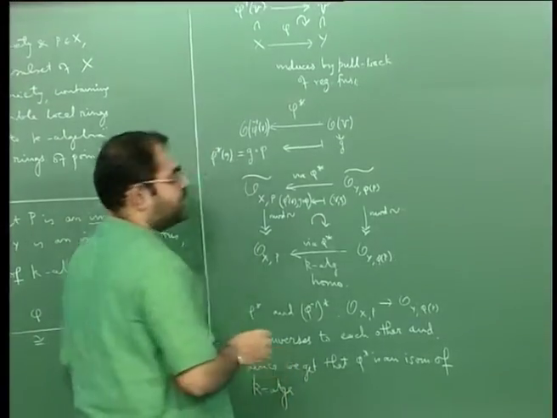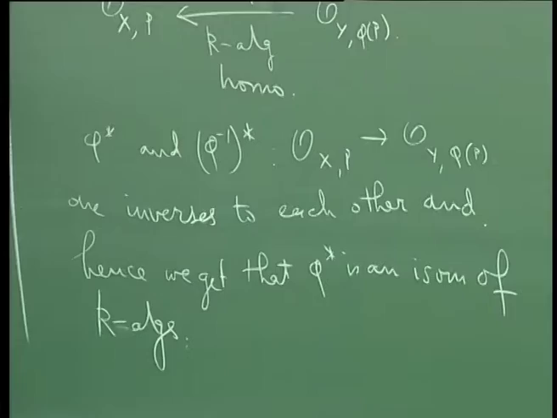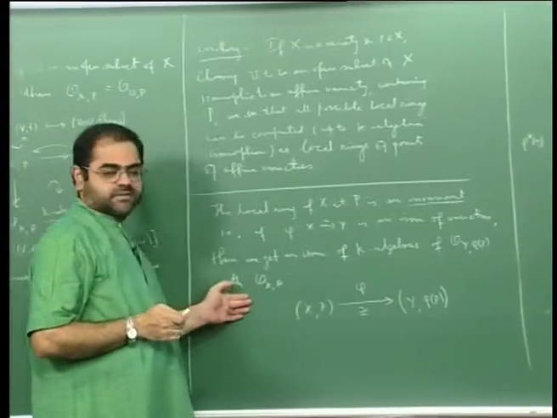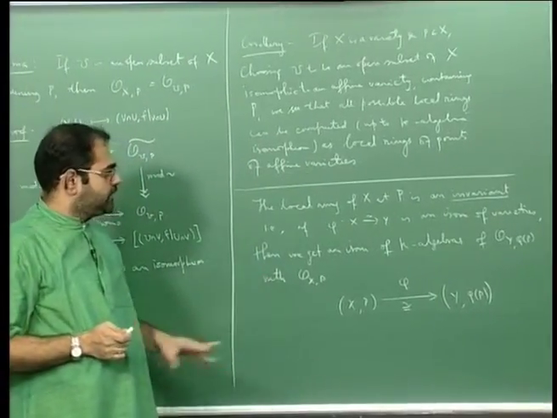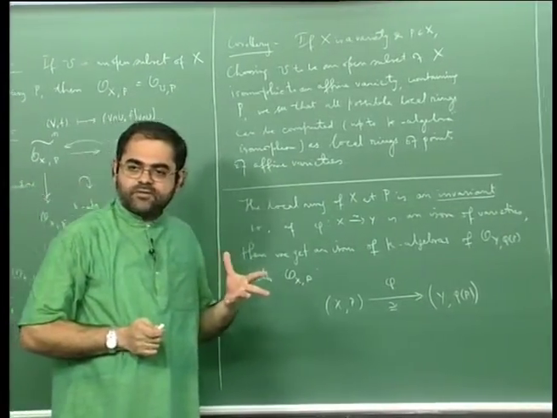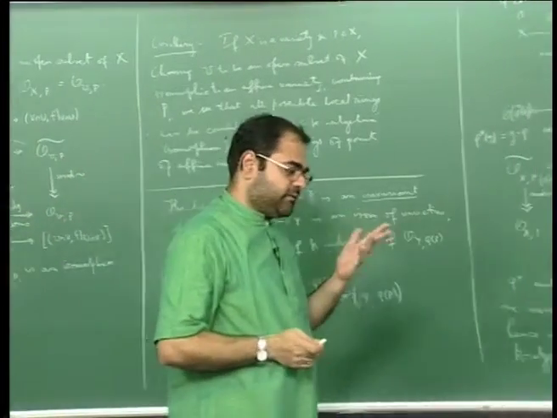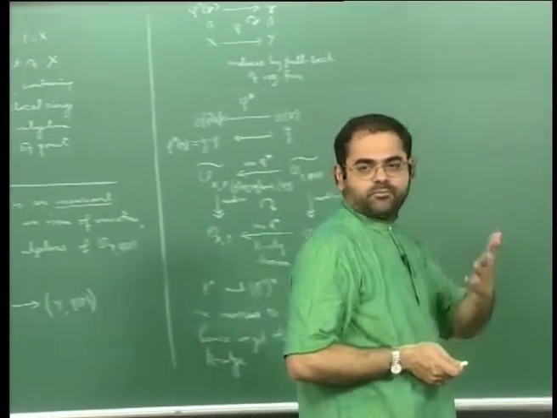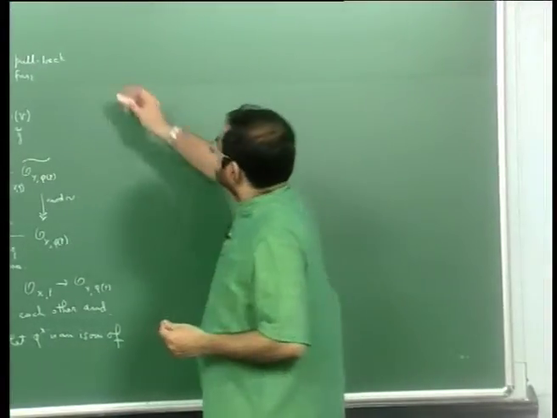This is what the remark says: the local ring is an invariant. If you change the variety up to isomorphism, the local ring will change only up to K algebra isomorphism.